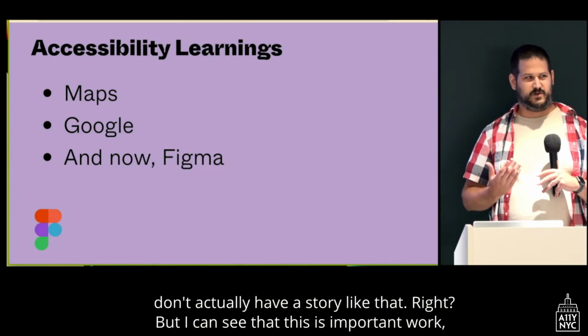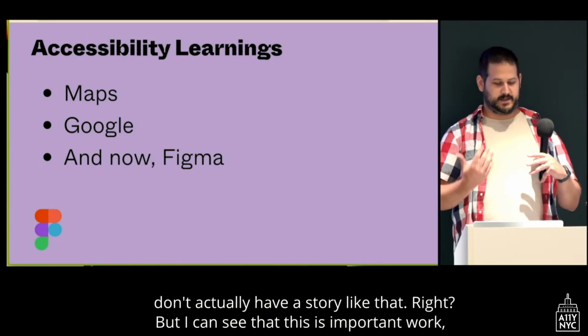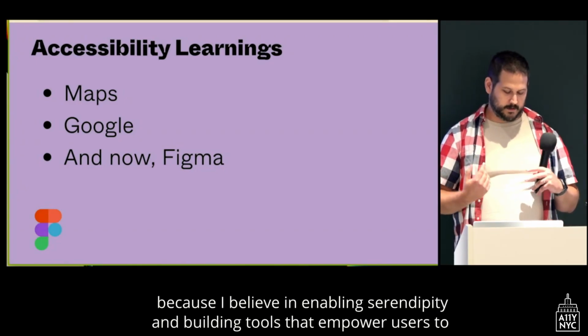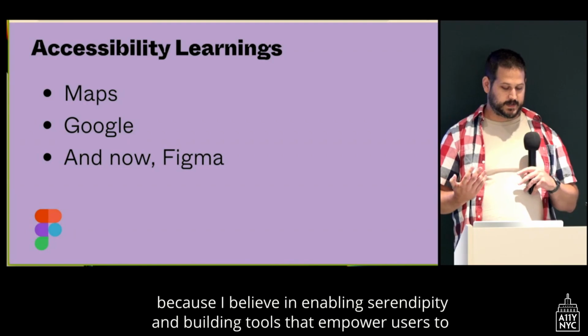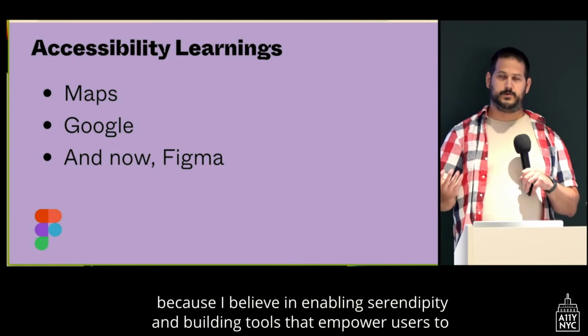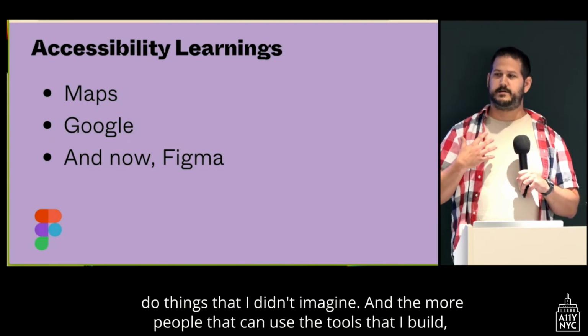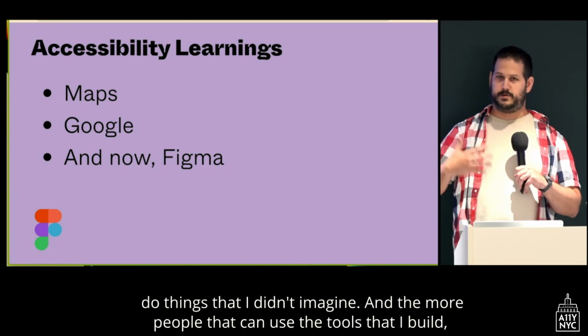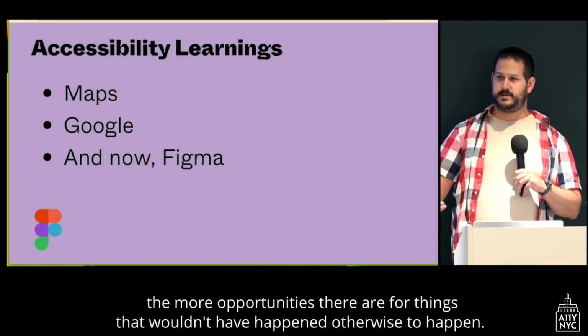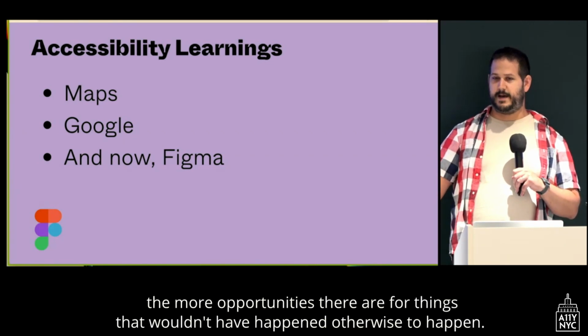I don't actually have a story like that. But I can see that this is important work because I believe in enabling serendipity and building tools that empower users to do things that I didn't imagine. And the more people that can use the tools that I build, the more opportunities there are for things that wouldn't have happened otherwise to happen.